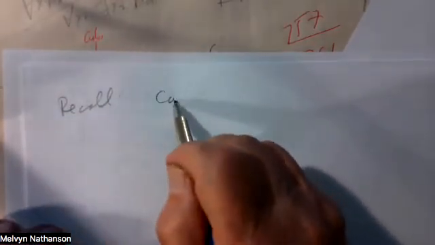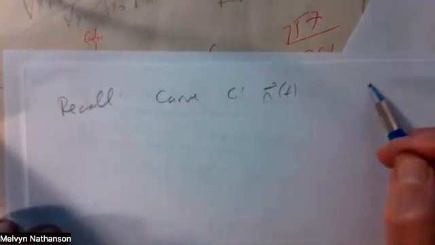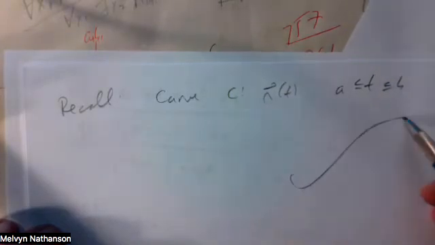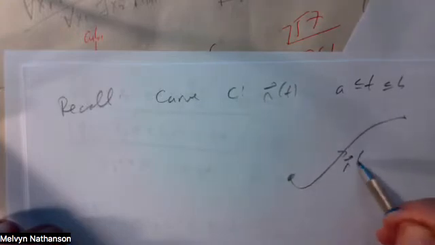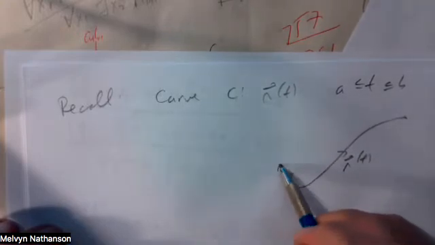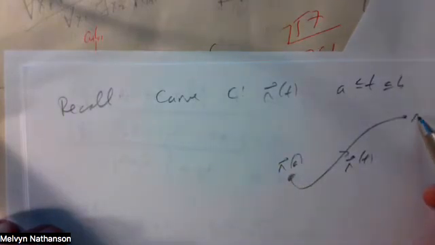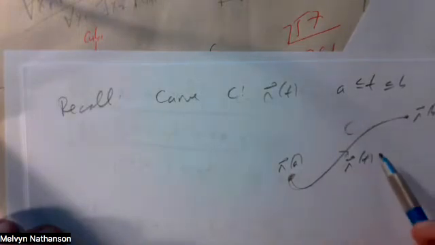So let's recall, suppose you have a curve C given by some function r of t, where t goes from a to b. So you have your function r of t. It starts at t equal to a. It ends up at t equal to b. So here we have this curve C.